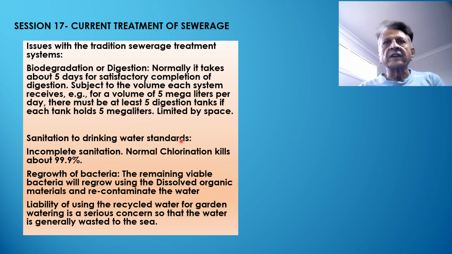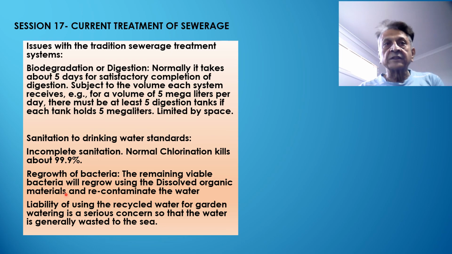The sanitation to drinking water standards is a bit difficult. There's a lot of chlorination that we use, but chlorination is still only a 99.9% kill, and therefore the remaining 0.1% may regrow upon standing.